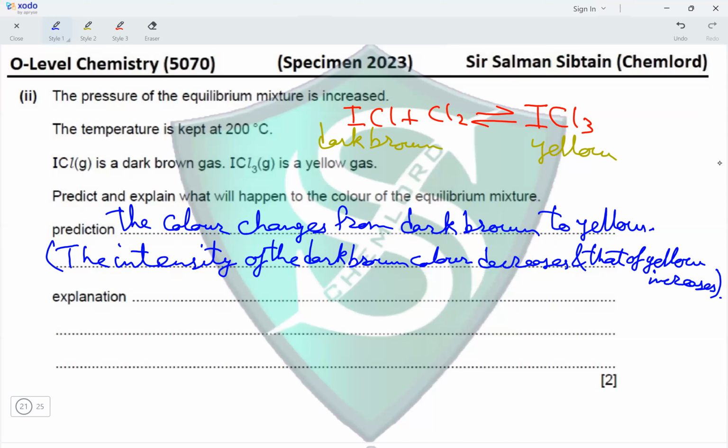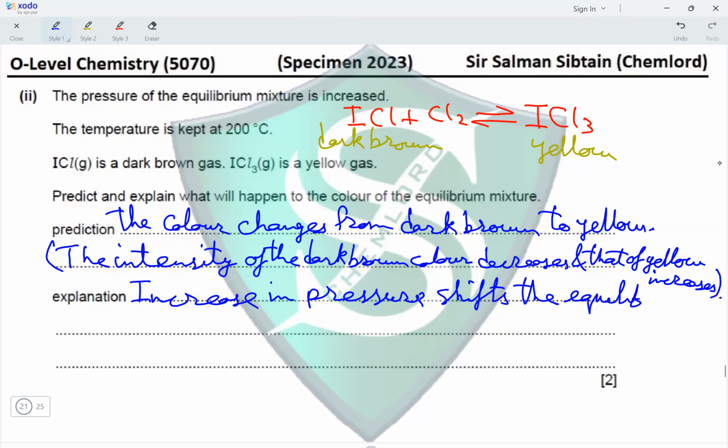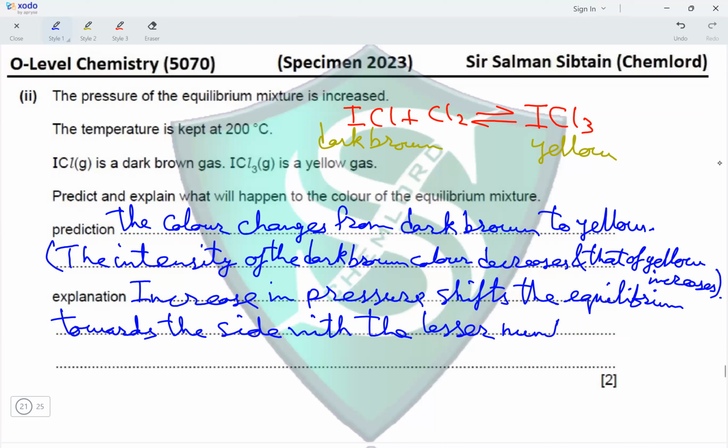So first we need to explain: increase in pressure shifts the equilibrium towards the side with the lesser number of moles, right?